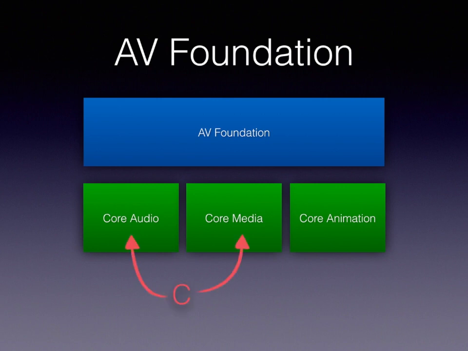Of these, Core Audio and Core Media are C-based, so Core Foundation memory management you have to do yourself, whereas AV Foundation and Core Animation are Objective-C based. That's very handy for us developers, not having to drop down to these lower levels, but we can basically do all our things in AV Foundation. So the next graphic is essentially something that you find the sample code for in my book.